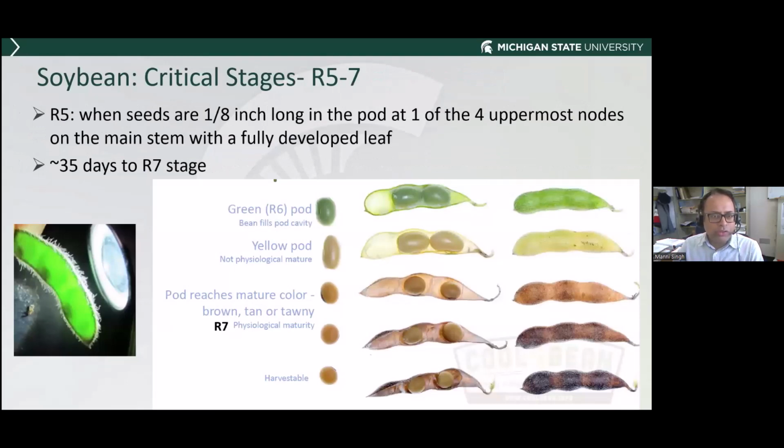Other growth stages you can see here, these are the seed development stages when the seed, the actual bean starts forming and goes through these different stages. R7 is when it's reaching its maximum yield for the most part. For the most part, at these growth stages, management-wise, we are already a little too late. So there isn't much we want to do at these stages, something to keep in mind.